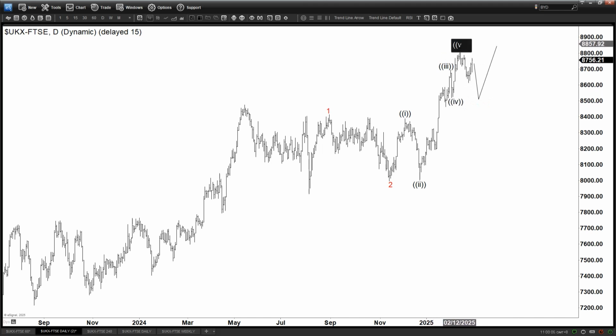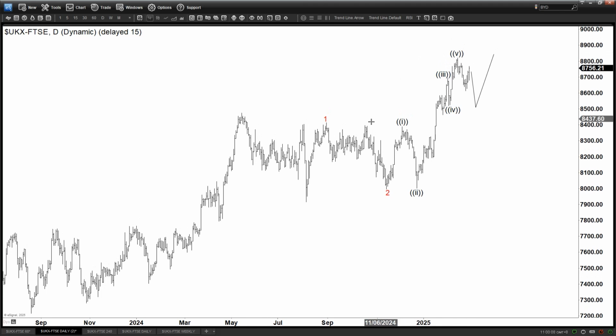Now if I call it completed here, it still doesn't necessarily mean we are done from here. I think from here the structure is still looking incomplete. So all it means is the degree changes.